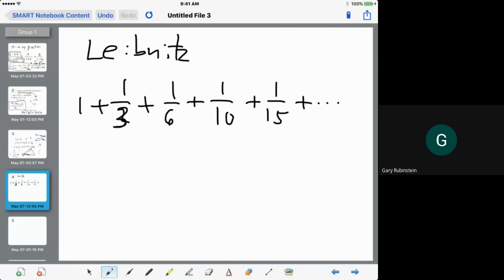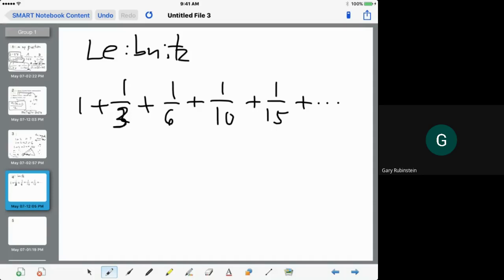Anyone want to make any observation about the denominators? And yes, Emily says they are triangular numbers.